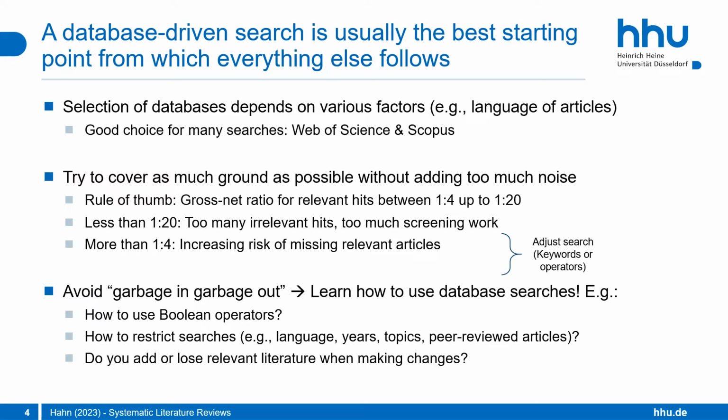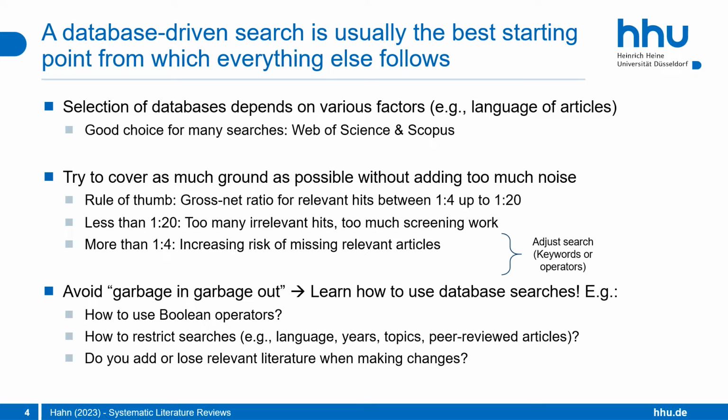So you usually want to have a situation in which ideally most, if not all, relevant articles are in your database search already. Usually it's not possible to cover all of them because some are really difficult to find depending on the title the authors use and stuff like that.